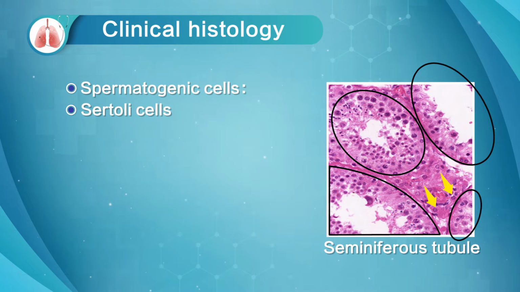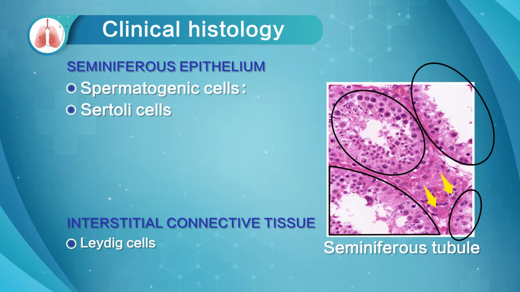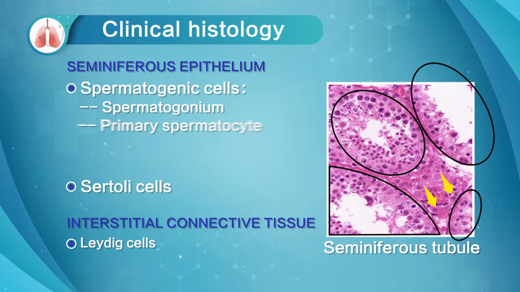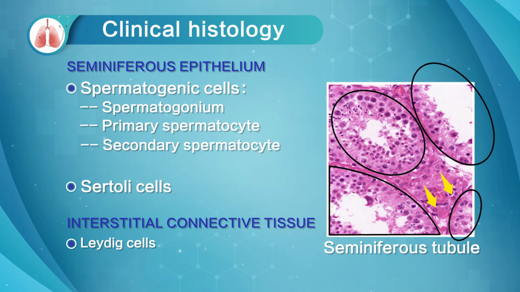Before puberty, the spermatogenic cells are all at the stage of diploid spermatogonium. After puberty, the spermatogonium begins to undergo differentiation. From the basal membrane to the lumen, we can find the different development stages of the sperm: spermatogonium, primary spermatocyte, secondary spermatocyte, spermatid, and the mature sperm.